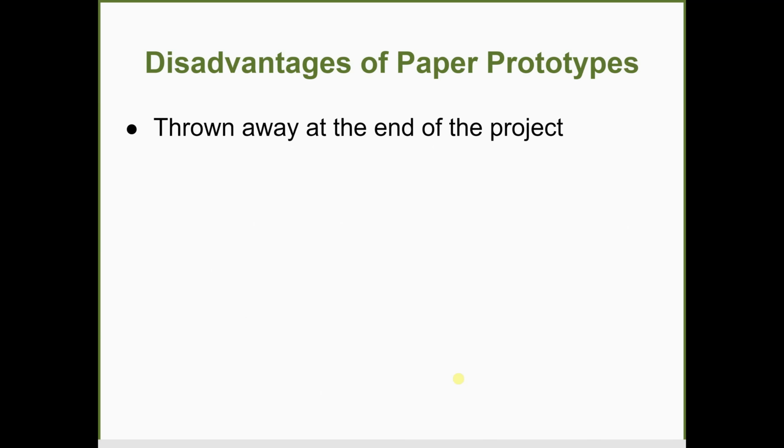However, there are some disadvantages of paper prototyping, but all these disadvantages are easily mitigated. First disadvantage is that they are thrown away at the end of the project. Since paper prototypes are created quickly and iterated several times, designers do not feel bad about throwing them away at the end of the project.